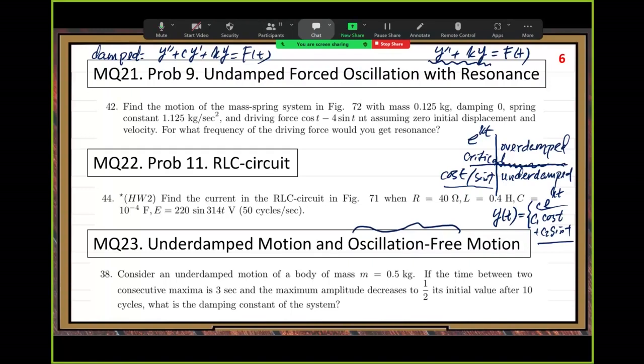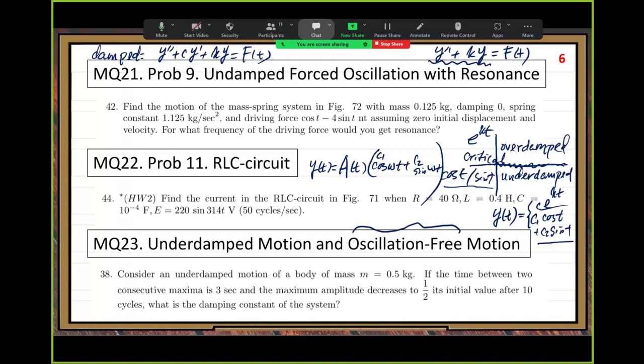So usually the structure of the solution is like this. y of t equals an amplitude part, then the oscillation part in parentheses, C1 cosine omega t plus C2 sine omega t. So usually the solution has that format.